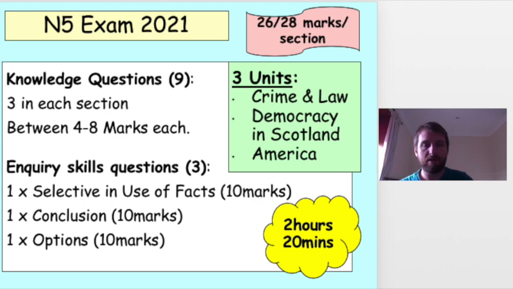I know it sounds like quite a bit, but that's basically it. There are 3 sections on the exam, and we'll walk you through exactly what's going on. On the inquiry skills, there's only 1 selective use of facts, 1 conclusion question, and 1 option question. We've got ages to worry about that, and you're going to be in good shape leading up to your prelims. Nothing to stress about at all.